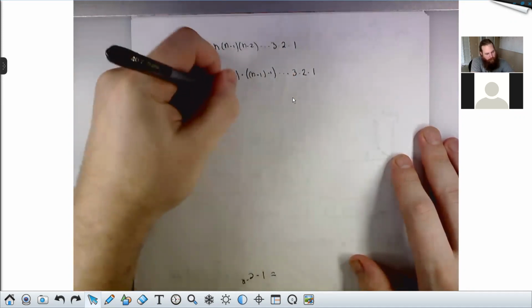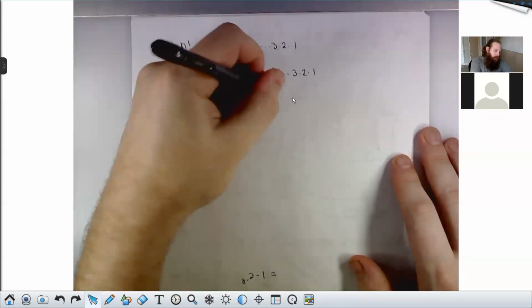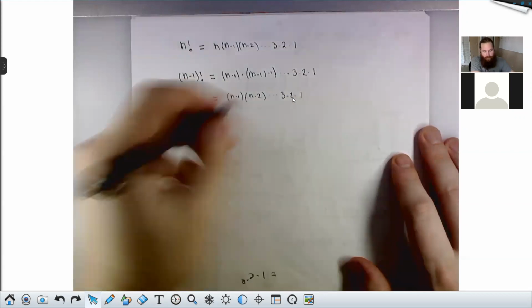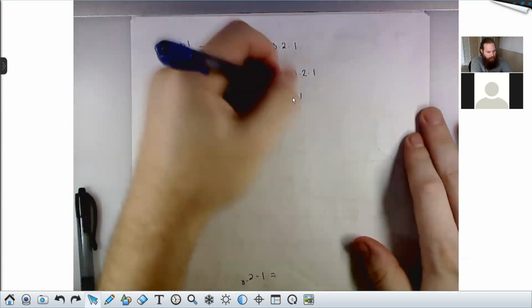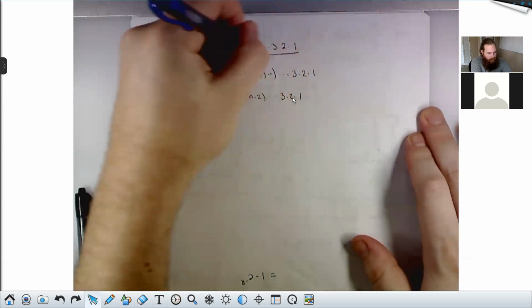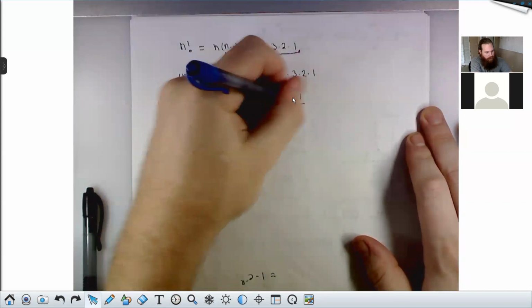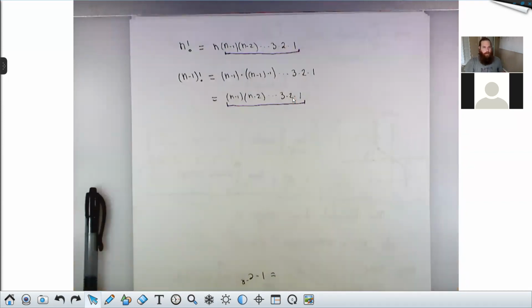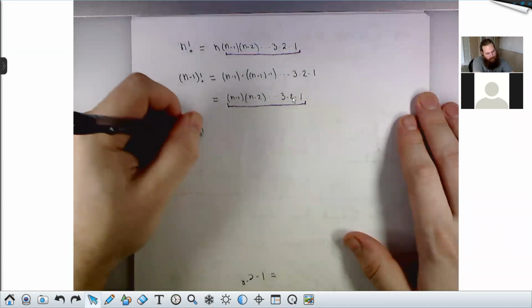So this is n minus 1 times n minus 2 times dot, dot, dot, all the way down to 3 times 2 times 1. And what you notice is that this piece of n factorial is n minus 1 factorial. And that yields what's called a functional equation, or a recursion.